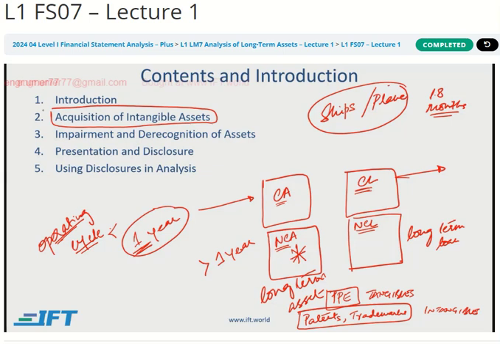There are very few exceptions for that, and we will talk about how IFRS and US GAAP allow the capitalization of internally generated intangibles. But if you are acquiring them, if you are buying them, then of course you can show them as an asset on your balance sheet. And we will talk about that in detail.